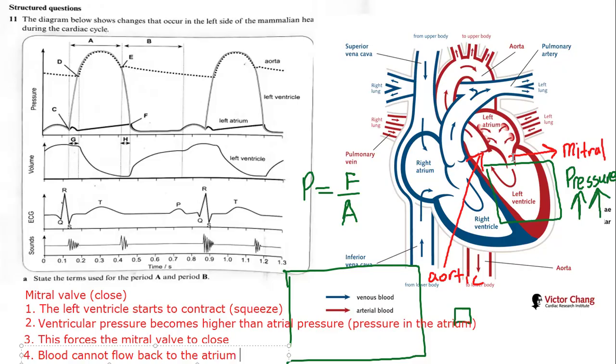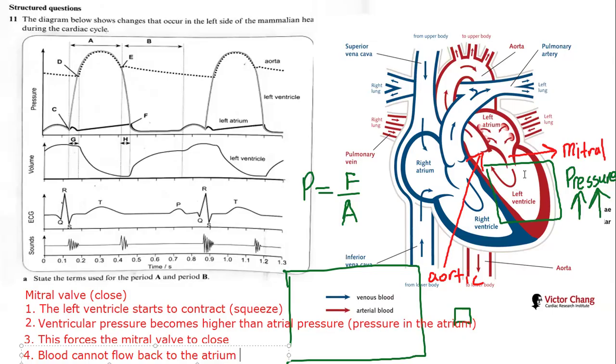Okay. So all blood would flow from the atrium through the mitral valve into the ventricle. The left ventricle would begin to contract, and the pressure would increase in the ventricle.